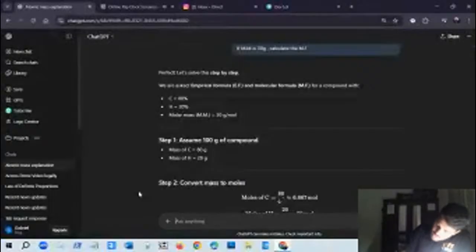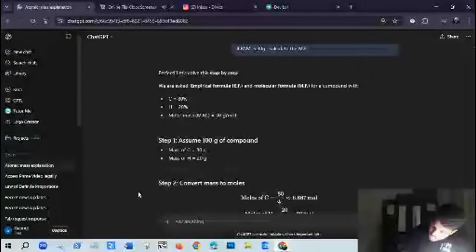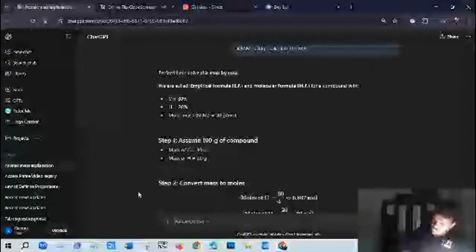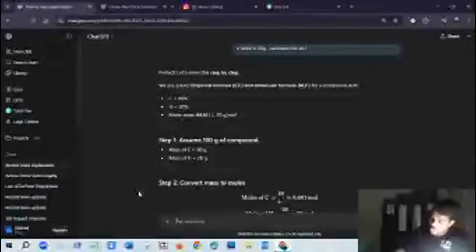Okay, so the first element is C, and the mass of the element is 80. Atomic mass is 12.